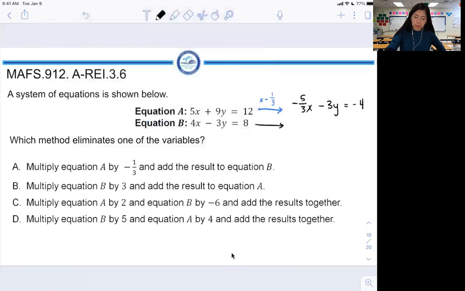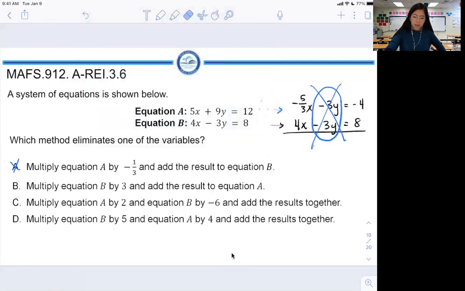And then I keep the bottom one the same, so this would be 4x minus 3y equals 8. Well, unfortunately, this doesn't work because these are not opposite, they're the same. So those will not cancel out, so A does not work.